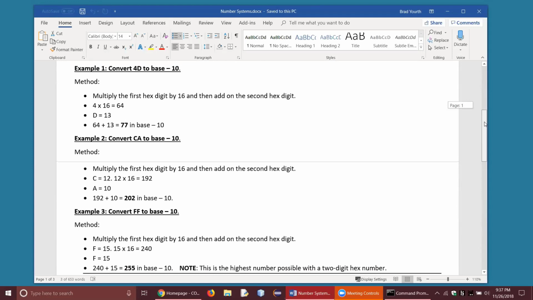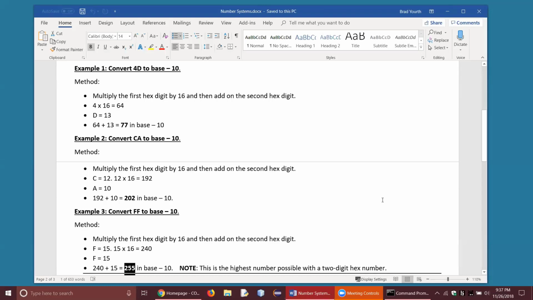One more example. FF. Both hex digits are F. So we multiply the first by 16, then add on the second one as before. But F is 15. 15 times 16 is 240. Add 15 onto that and we come up with 255. FF is 255.